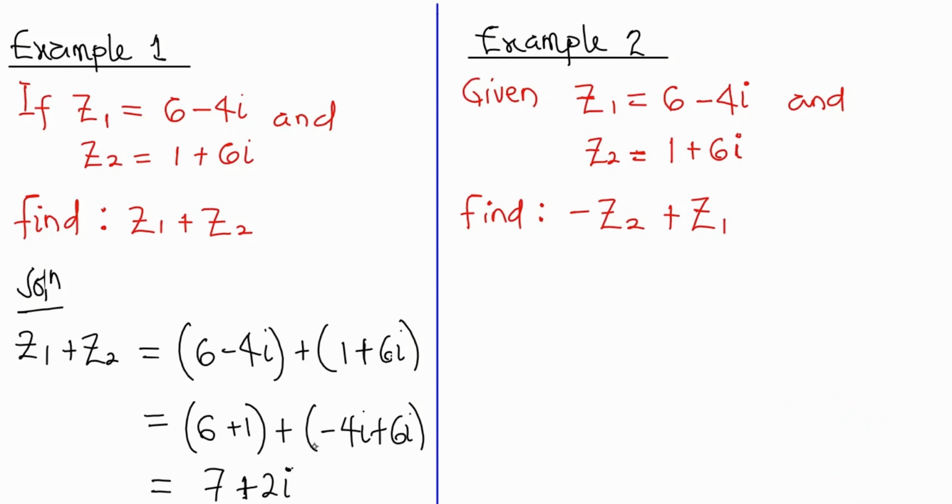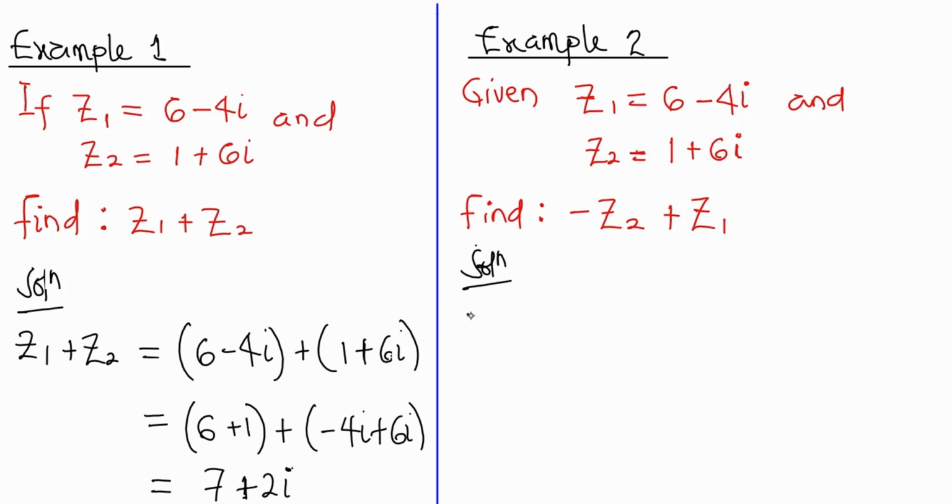Now we are moving to example 2. Example 2 has basically the same parameters as example 1, and it says that z1 is equal to 6 minus 4i and z2 is equal to 1 plus 6i. We should find minus z2 plus z1.